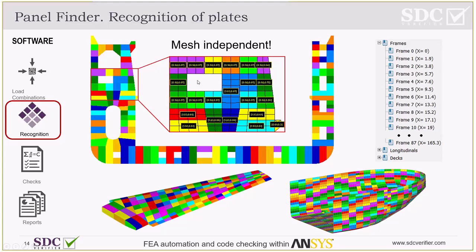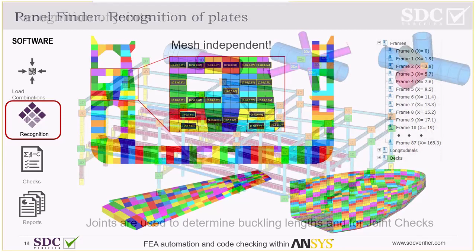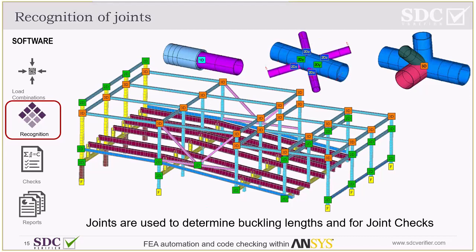You can have 100 finite elements or one element; it will be automatically recognized, and you will have the dimensions of all your plates for plate buckling. Bohdan will show today how to perform this, so I'm not going to go into detail. We are also capable of recognizing joints and beam members.